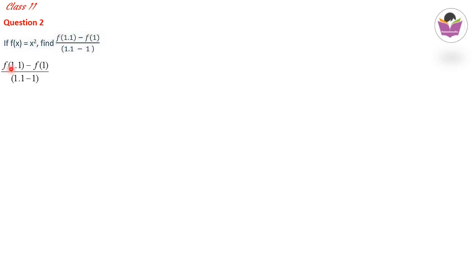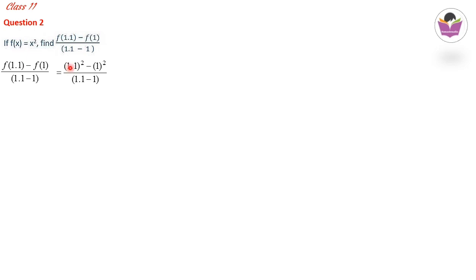First of all, f of 1.1 minus f of 1 divided by 1.1 minus 1 is equal to f of 1.1, means instead of x, 1.1 we have to put. That means 1.1 square. Here f of 1 means instead of x, 1 we have to put. That means 1 square divided by the denominator 1.1 minus 1. As we know 1.1 square, 1.1 is 11, 11 square is 121.